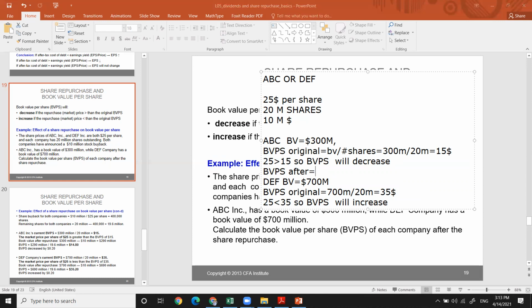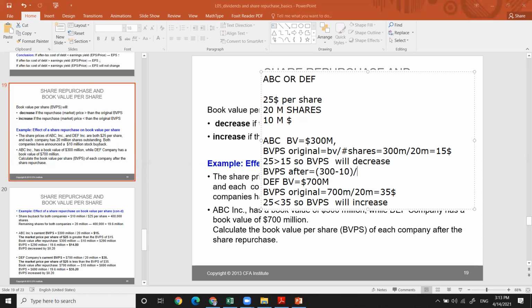The repurchase value was $10 million here. So that means 300 million minus 10 million, divided by the number of shares outstanding after the buyback.